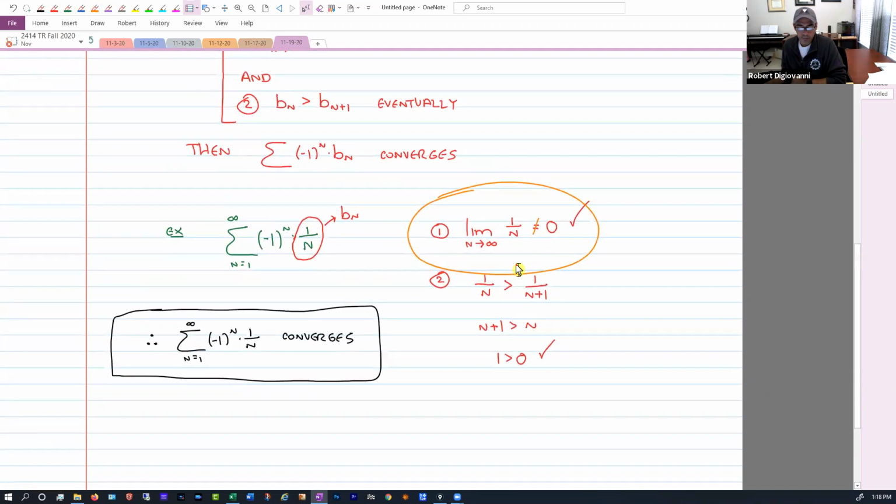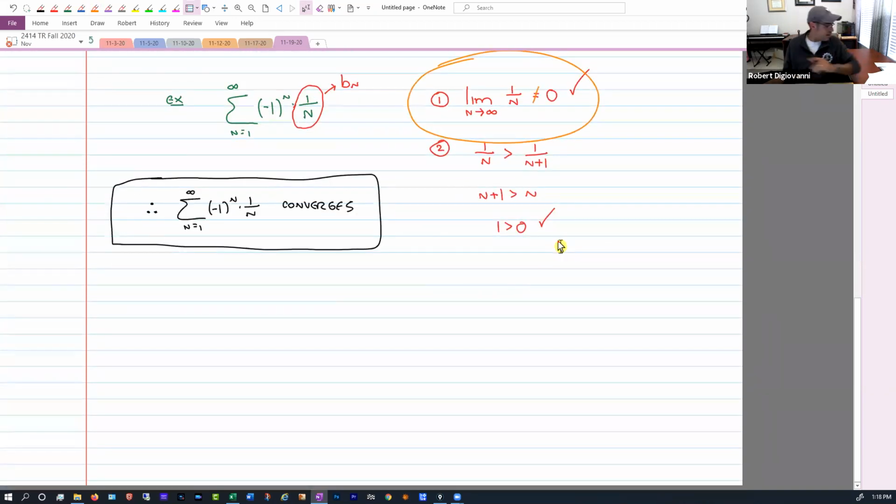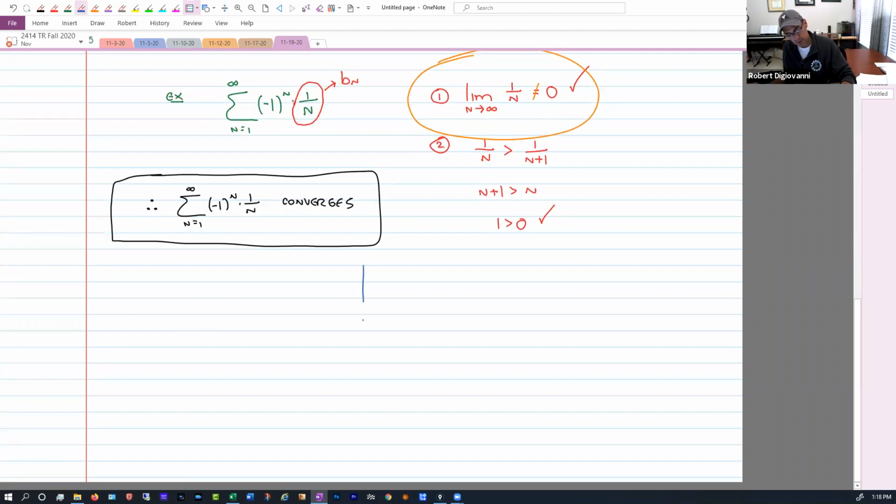Now, what we just did is actually kind of interesting if you think about what we just showed. Let's do a comparison of these two series. I want you to look at these side by side. Let me do a new page. So look at these series, this one versus this one.